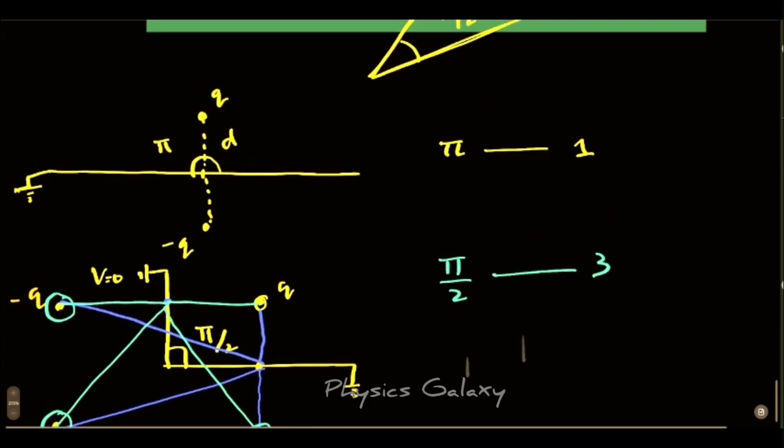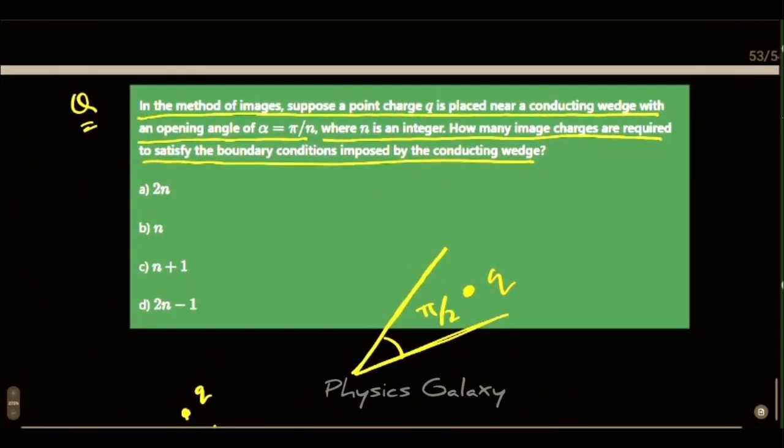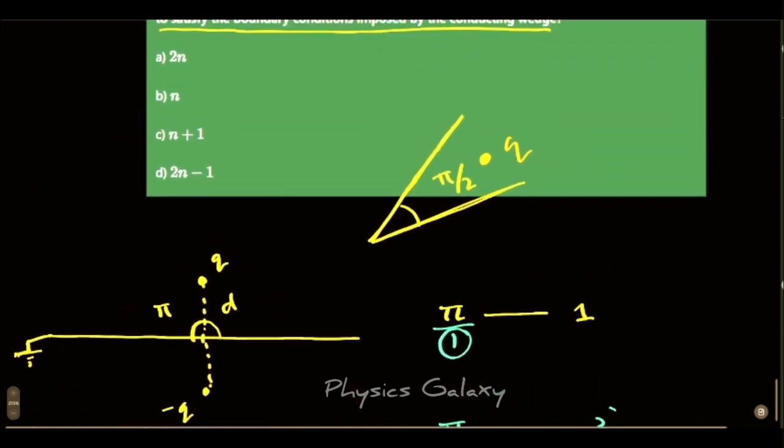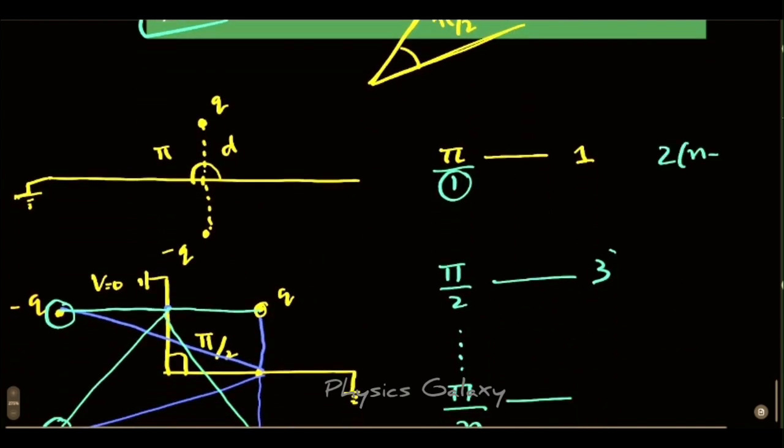So if you generalize now, suppose I have pi by n. It was pi by 1, then pi by 2. Now if I have pi by n, whatever n is in the denominator, will it be 2n? No. Will it be n? No. Will it be 2n minus 1? Let's see, 2n minus 1.